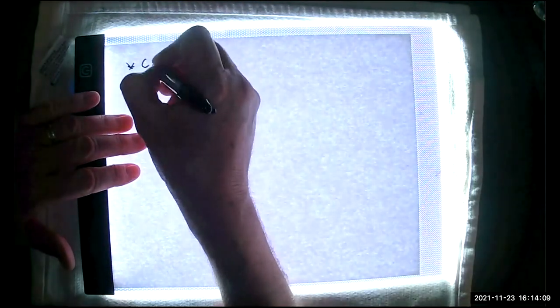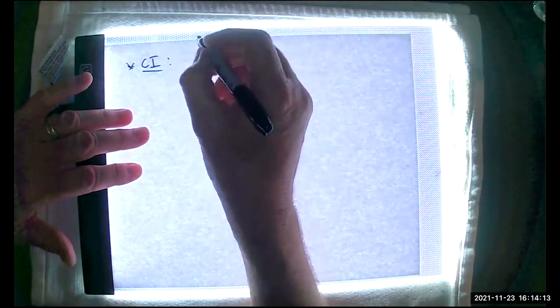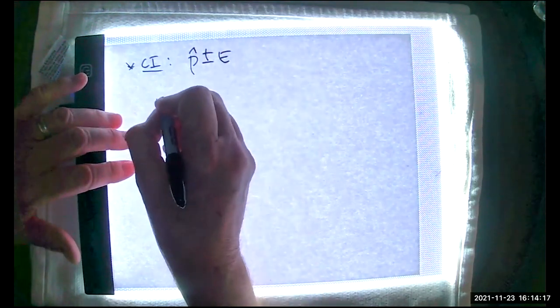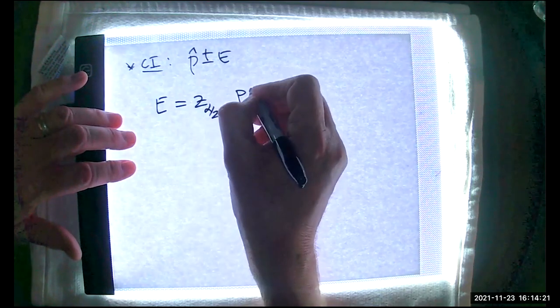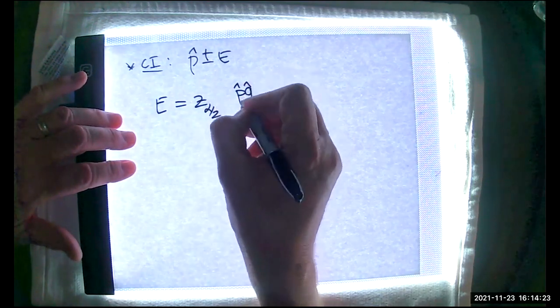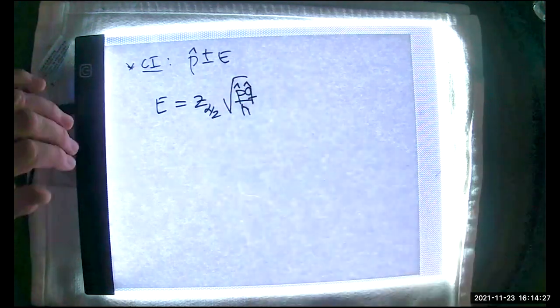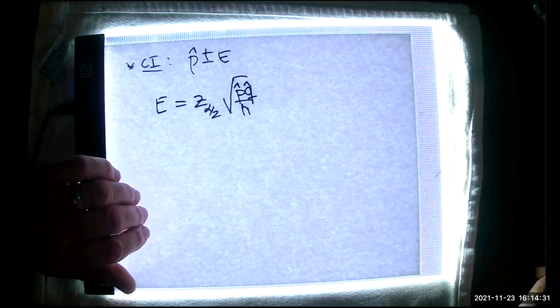I can also ask you to do a couple of things with the actual confidence interval. Now that confidence interval is that p hat plus or minus the margin of error. That margin of error involves z alpha over 2, p hat, q hat, and n.